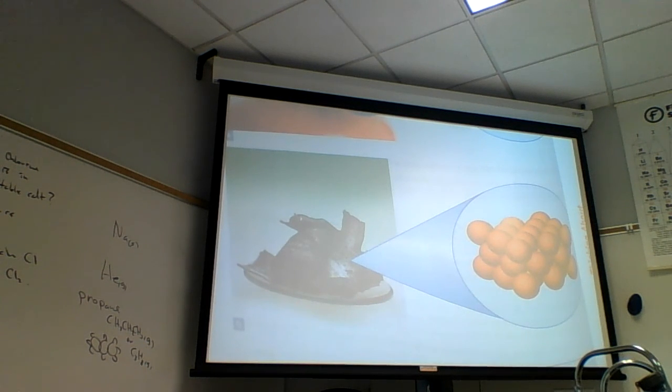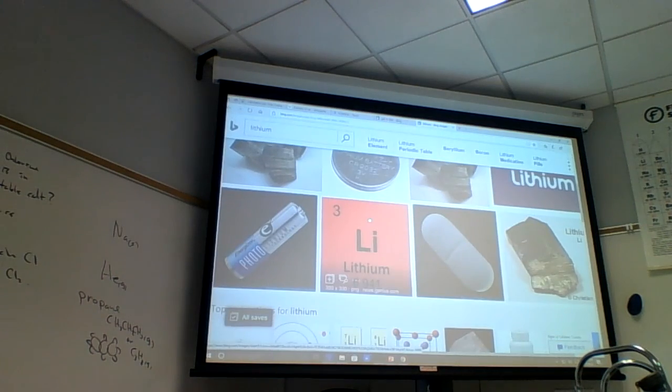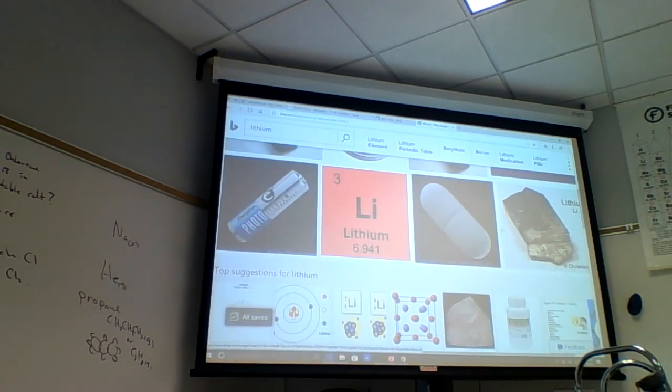So let's take a look at a better shot of some fresh lithium. Lithium is subject to corrosion. It's a metal that's very easily corroded. And so you have to get a really fresh surface of lithium. Let's see if we can find a fresh surface of lithium. Here.